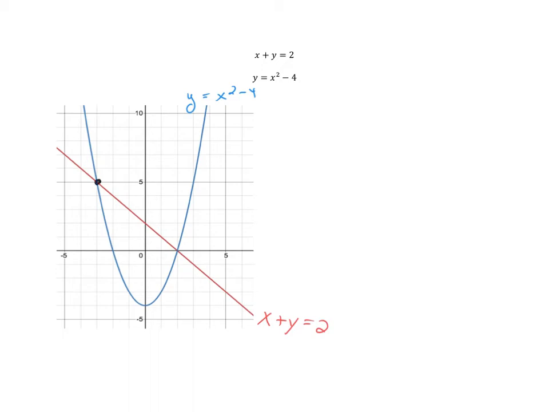There's one spot here and another spot here. And what are these points? Well, this one is negative 3 comma 5, and this one over here is 2 comma 0. Those were the two solutions that we got on the previous slide. So when you're solving a system of any equations, you're trying to find where they equal each other, and it was these two spots.